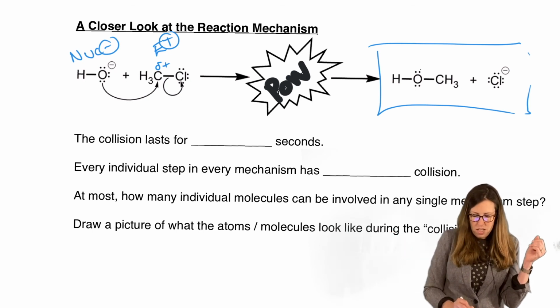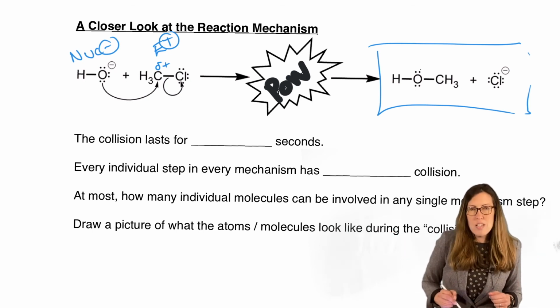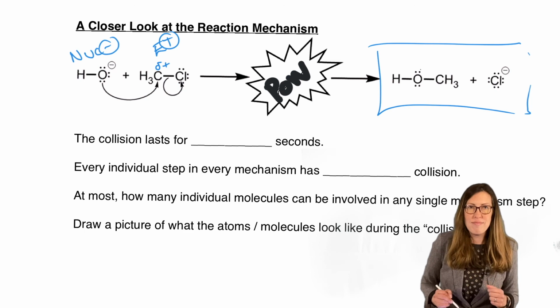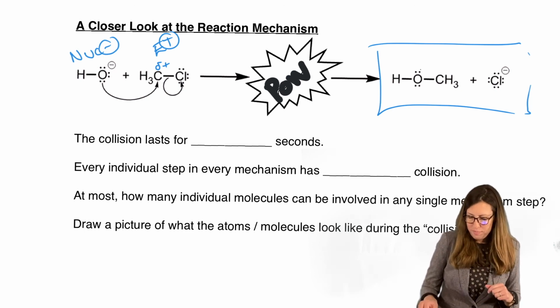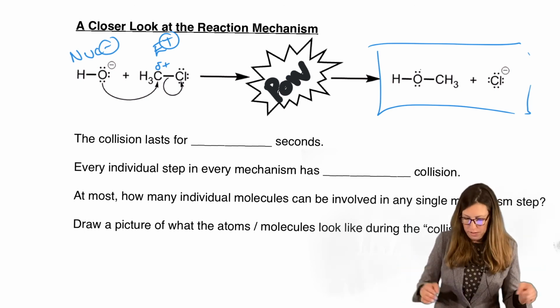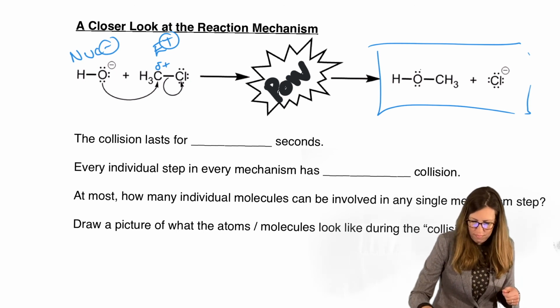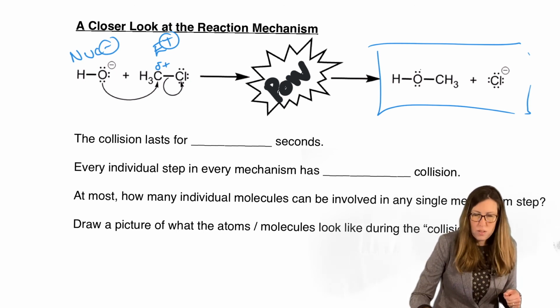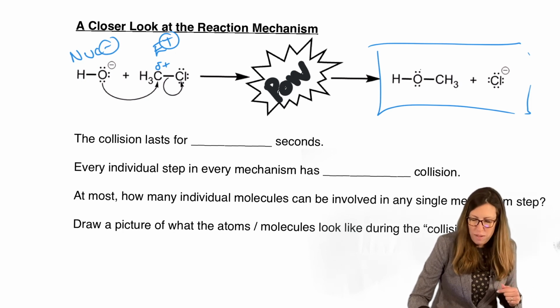So what we're going to focus on next is what's in the POW. What's going on in that mysterious thing that allowed them to collide and come apart different? So stick with me, keep watching, or take a break and come back. See you soon.